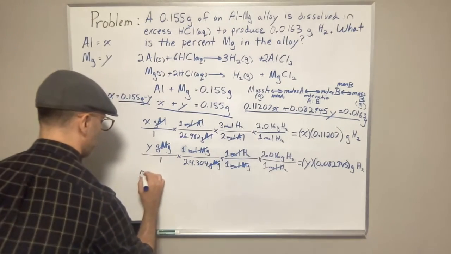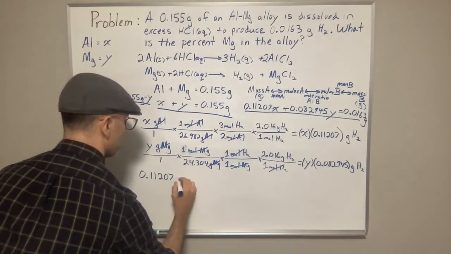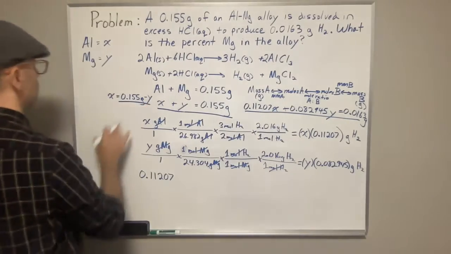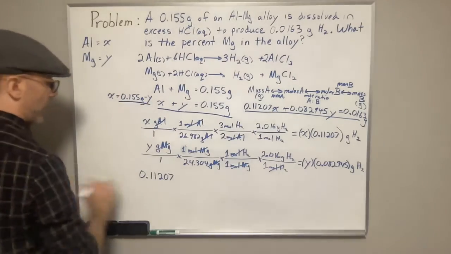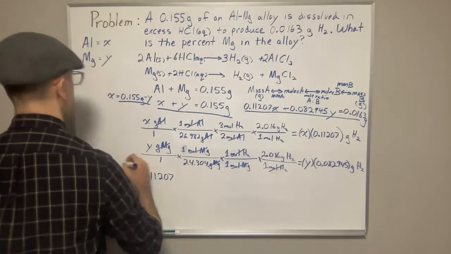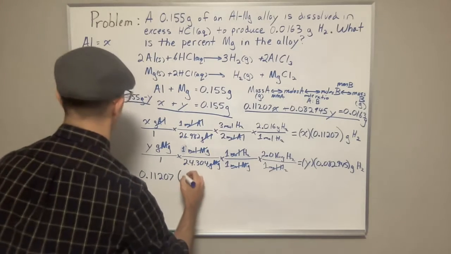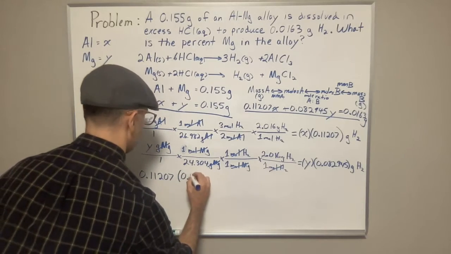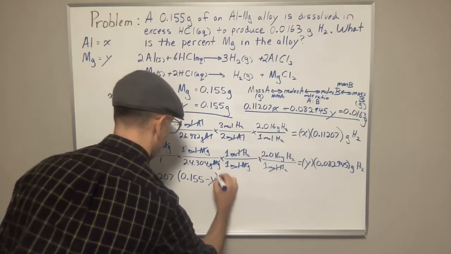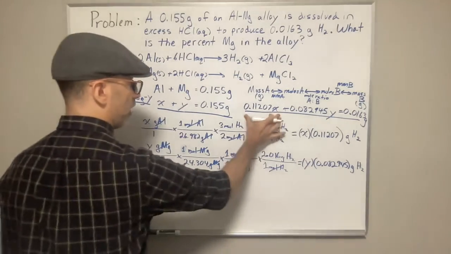So that'll be 0.11207. And instead of X, I'm going to put this, because Y is magnesium and we want it in terms of Y, so we can solve for Y and we'll know the amount of magnesium. So therefore, this is going to be 0.155 minus Y. That's this part here.